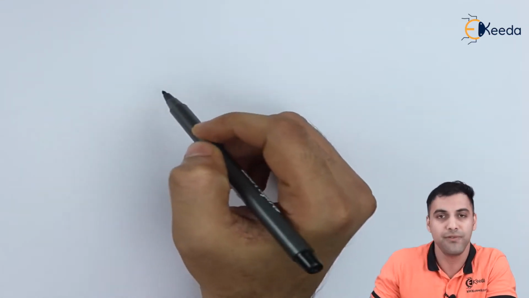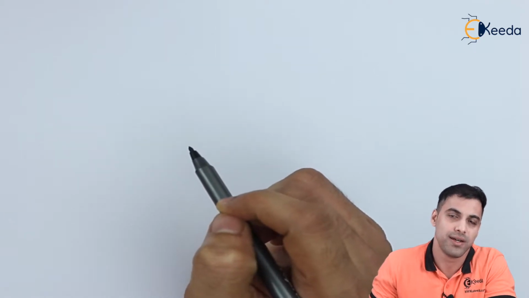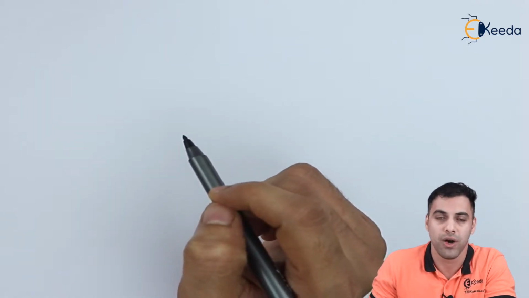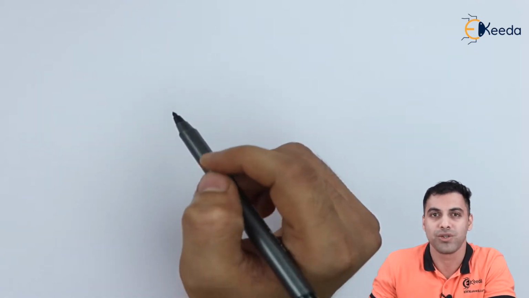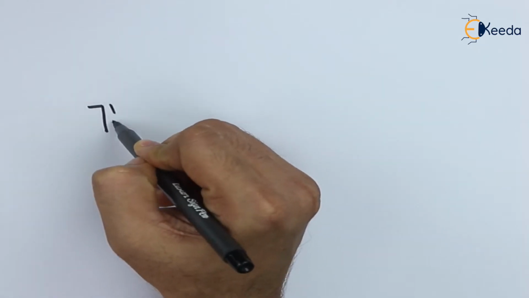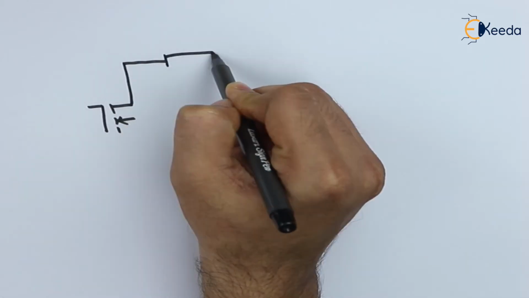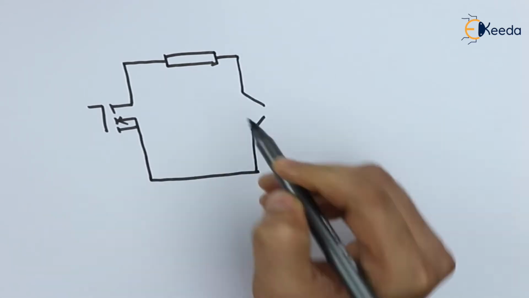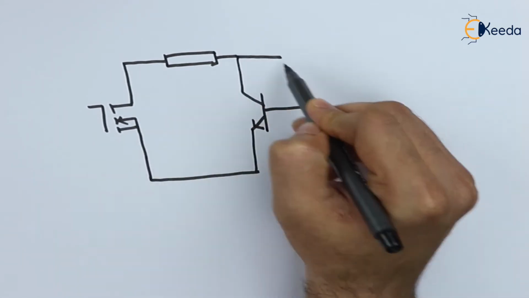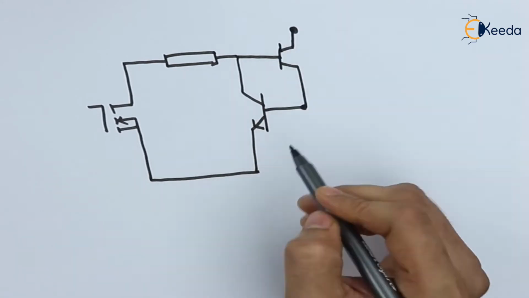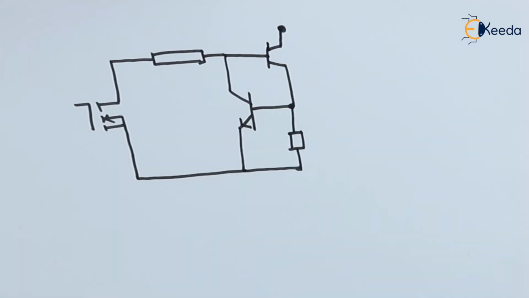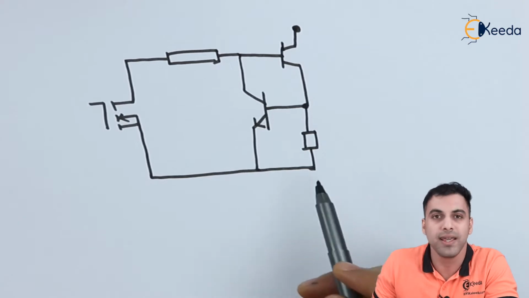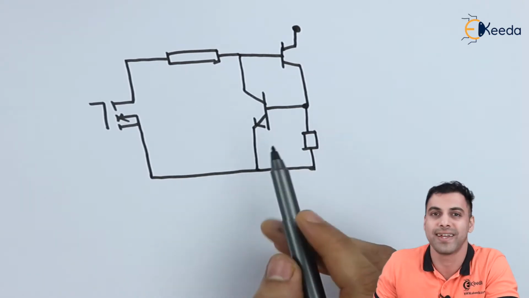So friends, if we draw the circuit diagram or the equivalent circuit of a power IGBT, it looks like this. Here, this is called a parasitic transistor.